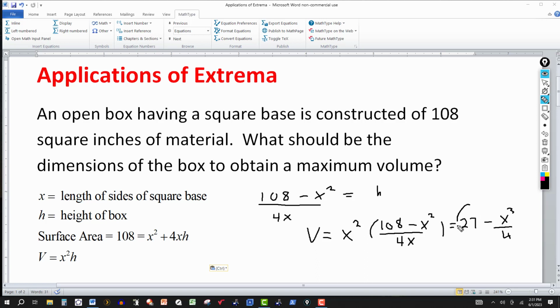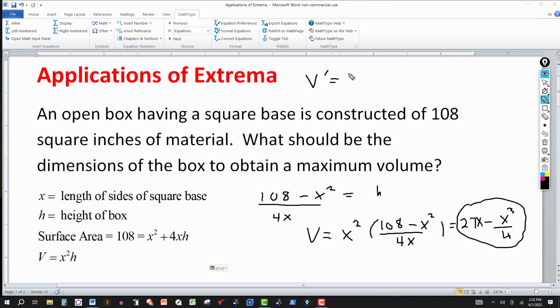And that's the formula for the volume. Now we'll take the derivative of this then to find the critical numbers. So it's 27x minus x cubed over 4.